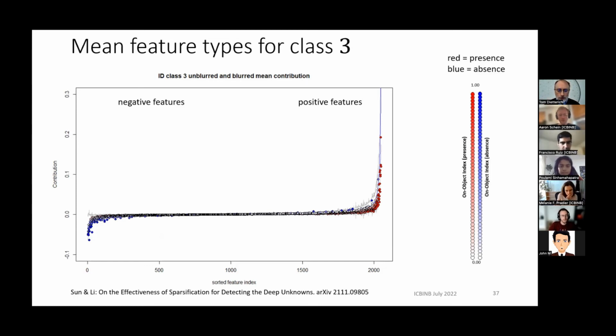But it's kind of beautiful actually, because if you have a class, for instance, that is a combination of familiar features, but from two different known classes, like, I don't know, a centaur, if we'd seen people and we'd seen horses, and now we see a centaur, which is a horse-human hybrid. If we just looked at the features that are activated and a distance in the z-space, it might look familiar.